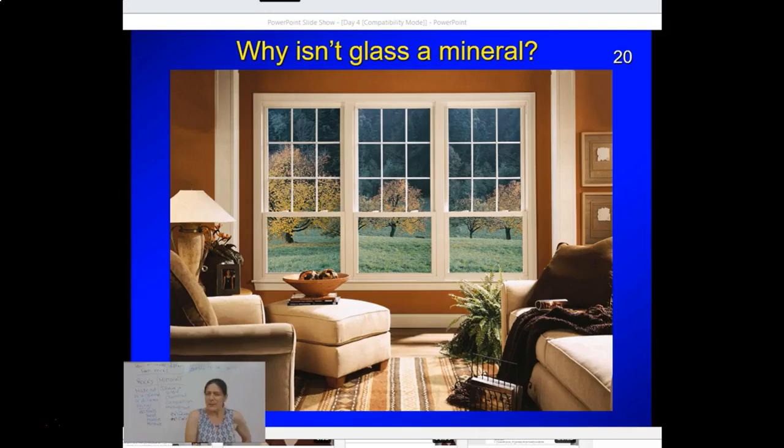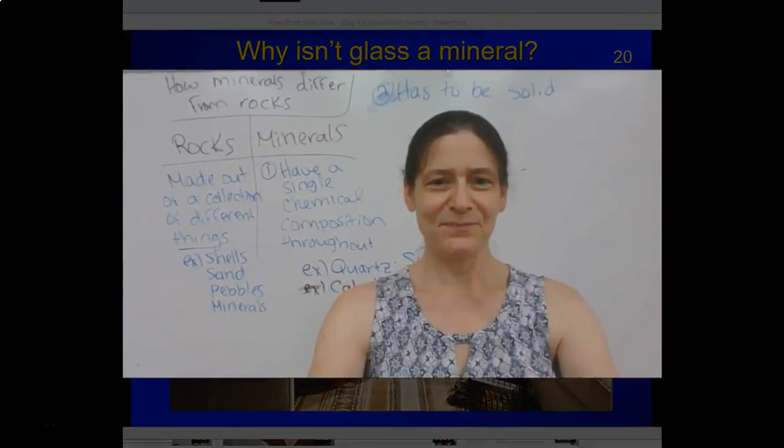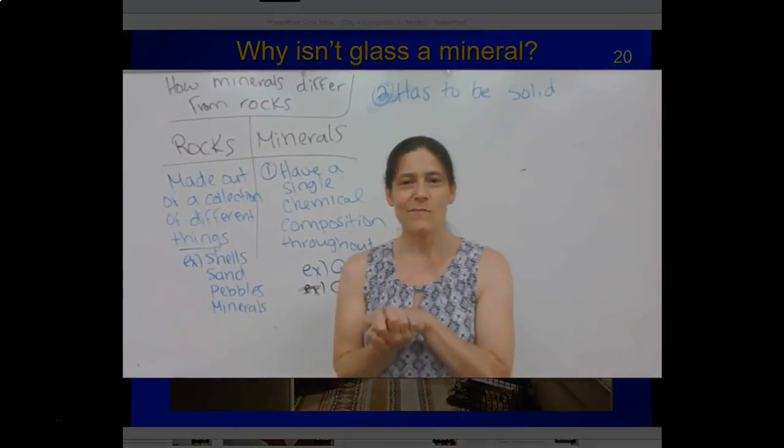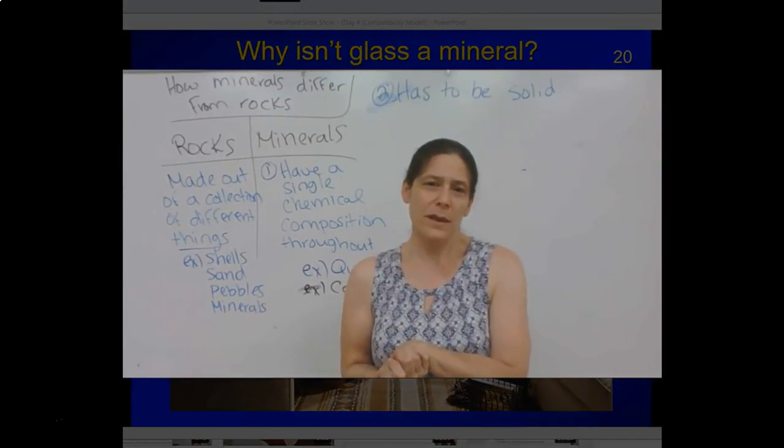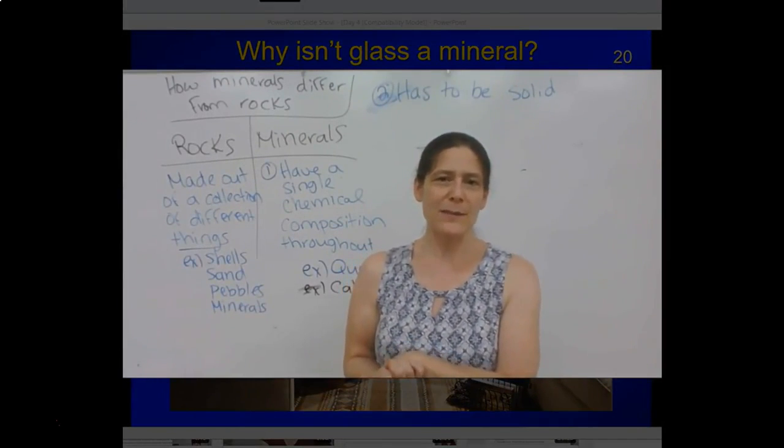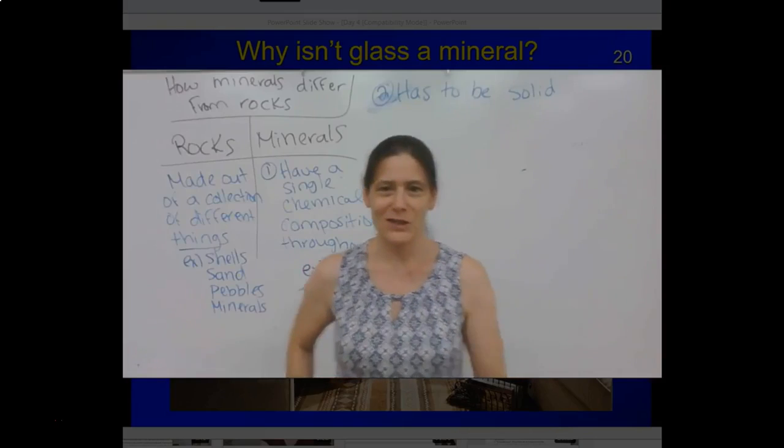Why do you think it's not a mineral? I mean, maybe intuitively, you're like, yeah, I wasn't going to call it a mineral. But do you know what else has to be true that makes glass not a mineral? There's actually two things. One is, I think, maybe more important than the other. Let's first talk about maybe the less important one. I'm not sure what logic there is to that.